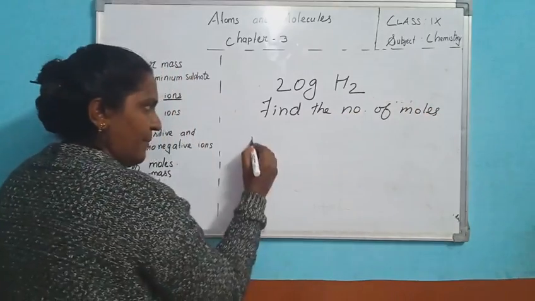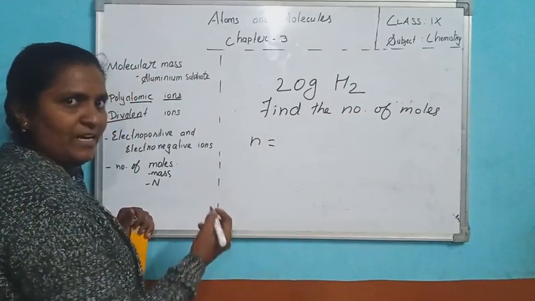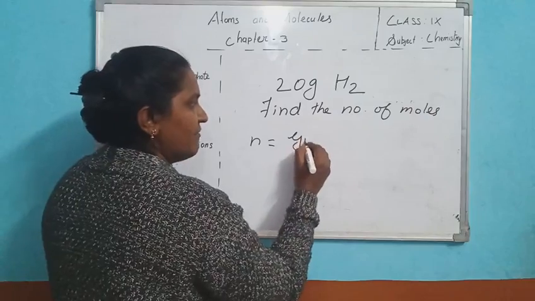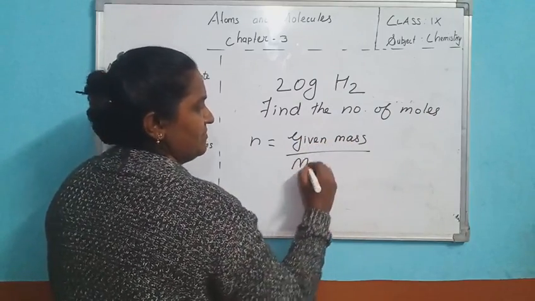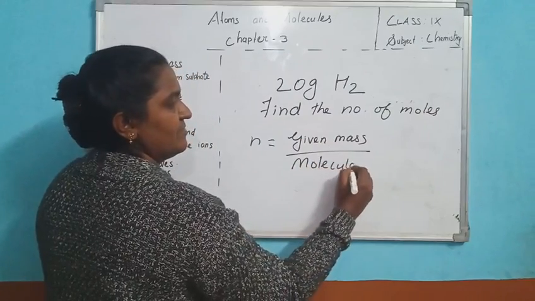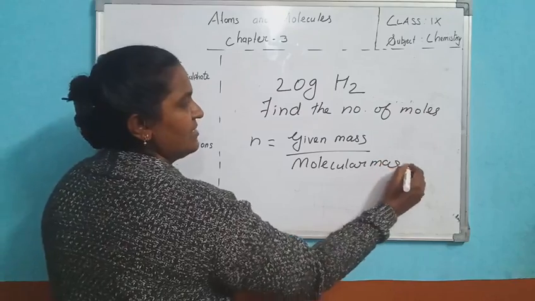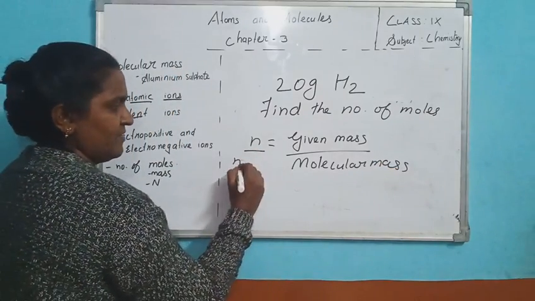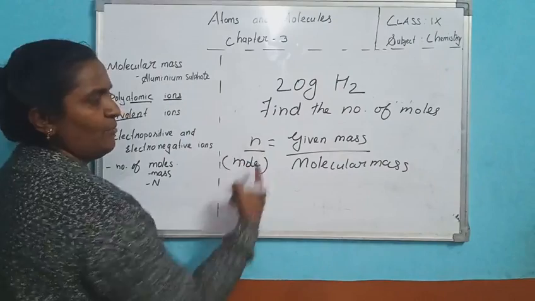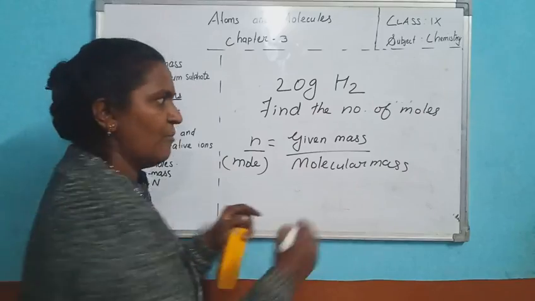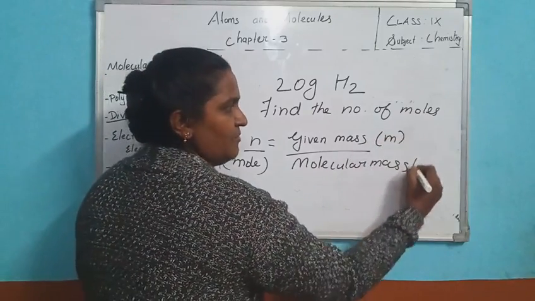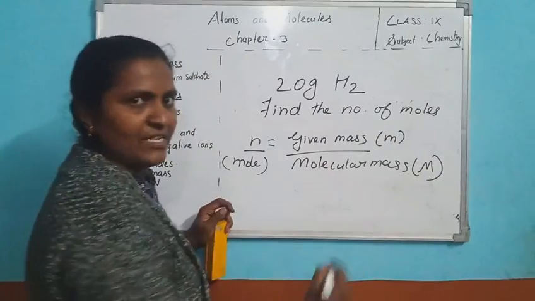The formula is number of moles equals given mass by molecular mass. How to find the number of mole? It is denoted by small n. Given mass is denoted by small m. Molecular mass is denoted by capital M.